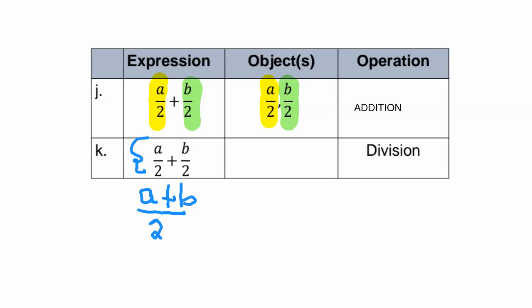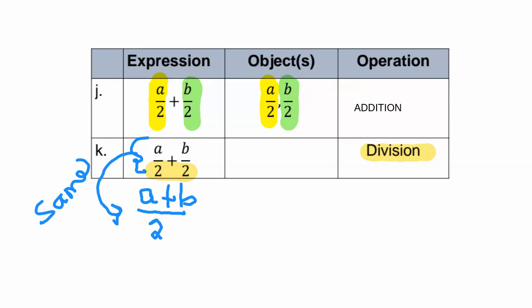This is the same as what I just wrote. Now, why could I write A plus B with one fraction bar and just a single 2? Because I have a common denominator. And we're talking about division.